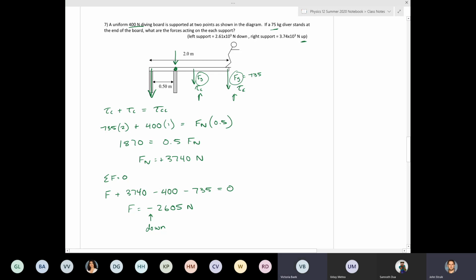So does it not matter which one you set as a pivot point? No, as long as it's one of your 2 unknown forces. I can't make it this force where the diver is, because I know what that force is, so I don't want to get rid of it. Yeah, it doesn't matter which support you make your pivot.